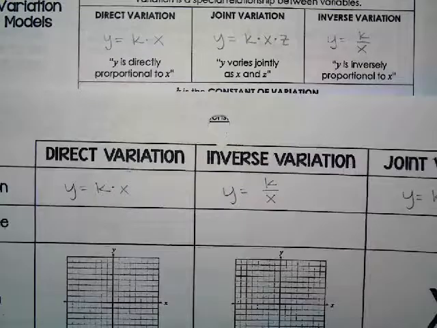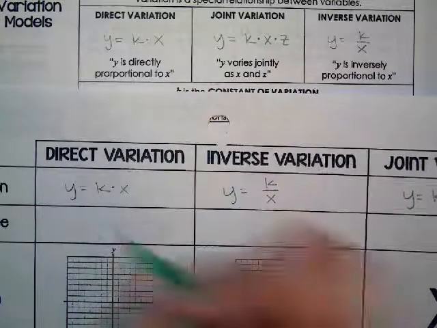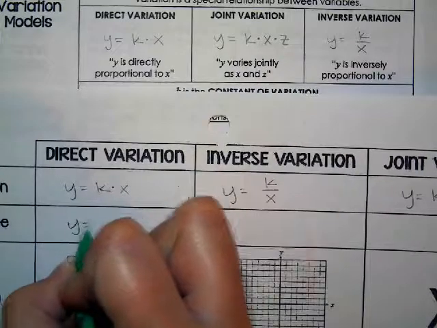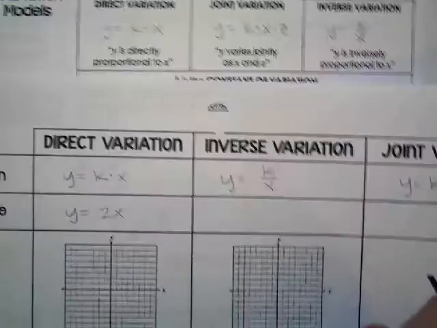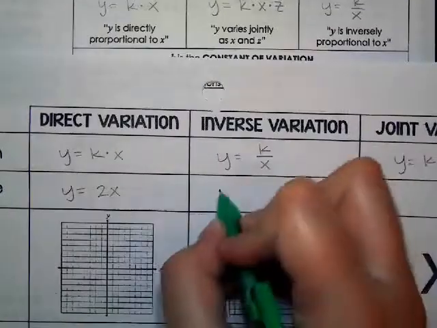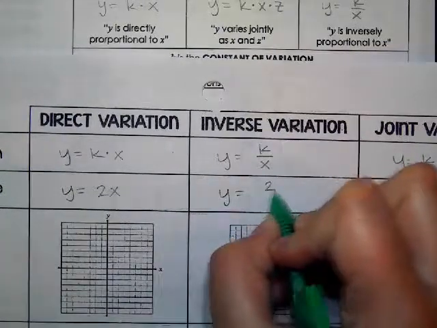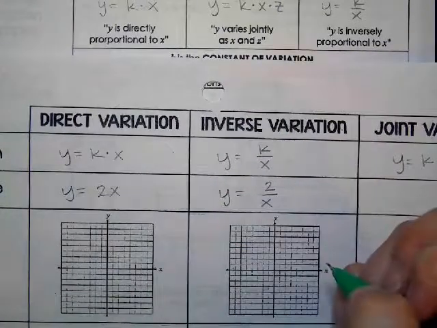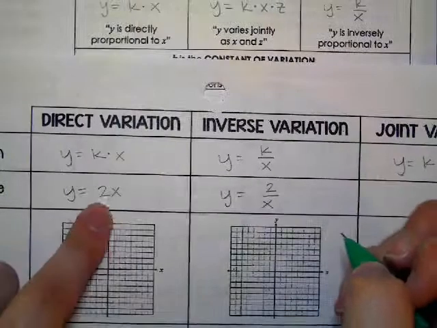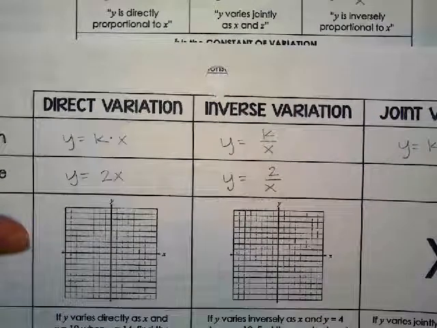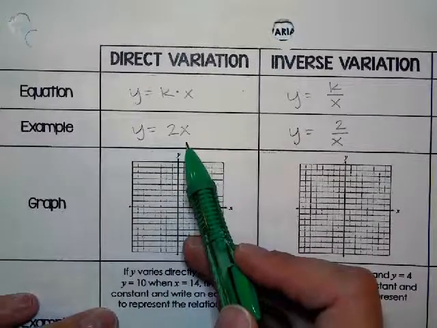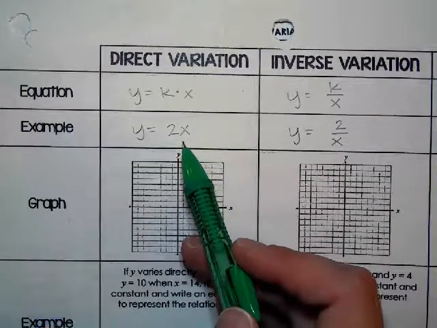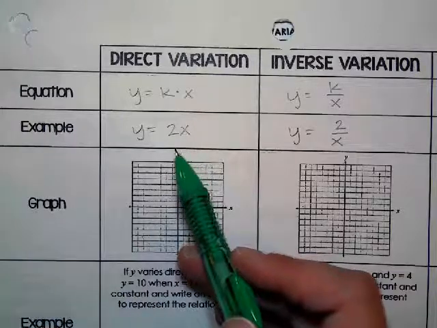For the example, I'm going to do y equals 2x, and then y equals 2 over x. Okay, so y equals 2x, if we were to graph that, does anyone remember how to graph that? Y equals 2x? So wait, where do we start? 0. Okay, so we're going to start at 0.